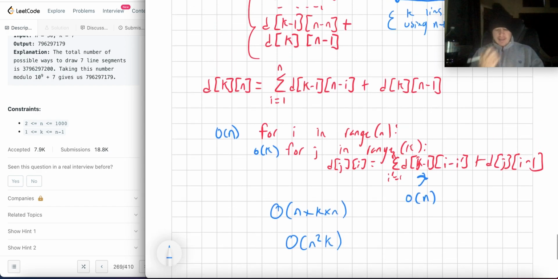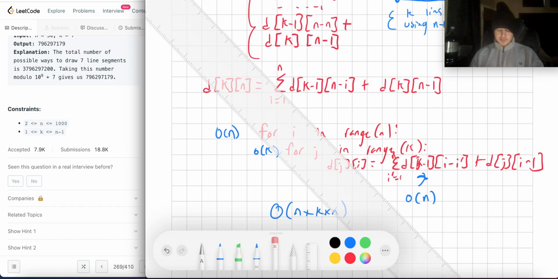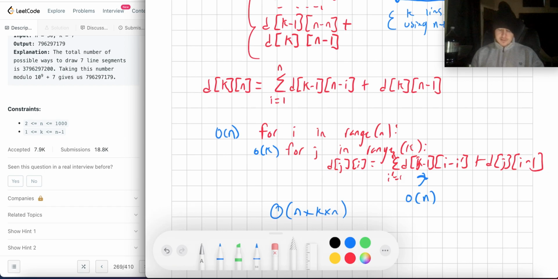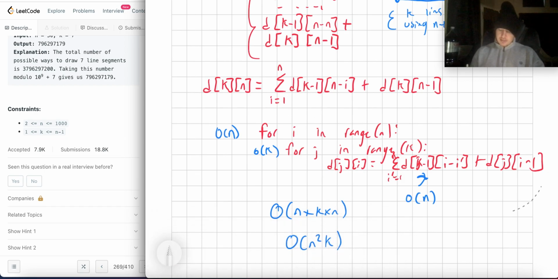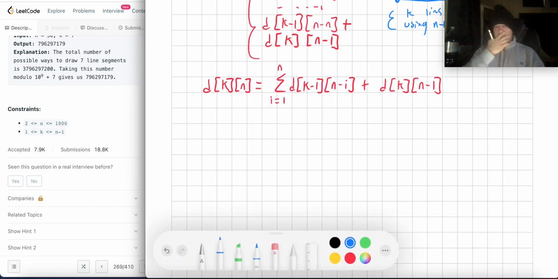So one thing we can do to fix this problem, to make it more efficient so that we don't need to do O of n times k times n operations, is let's work with the math directly and think about how we can make this just a little bit more efficient.